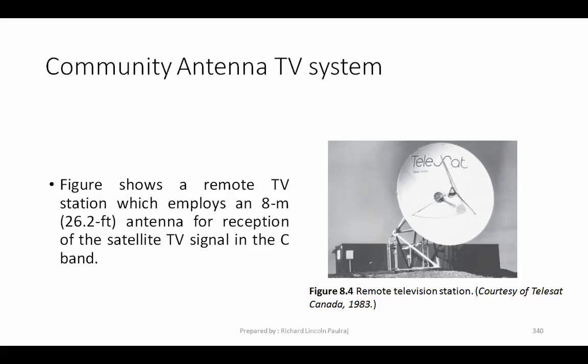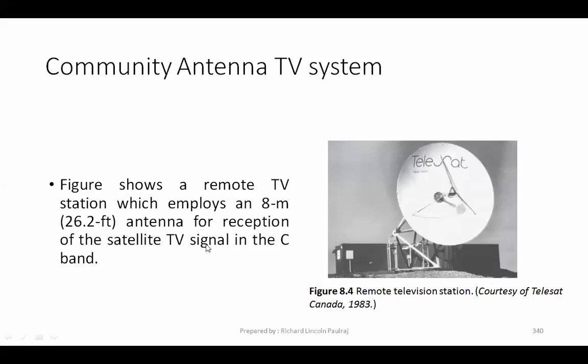Once it is larger, it can receive a higher number of signals, and once these signals are taken, they can be efficiently utilized. Even if there are more users, there is not going to be much loss, because we have increased the bandwidth by having a larger antenna diameter.